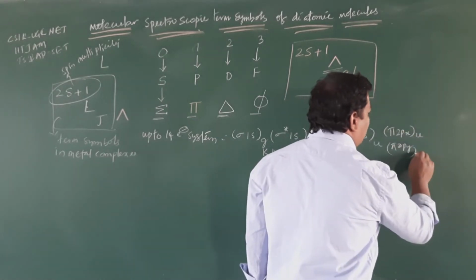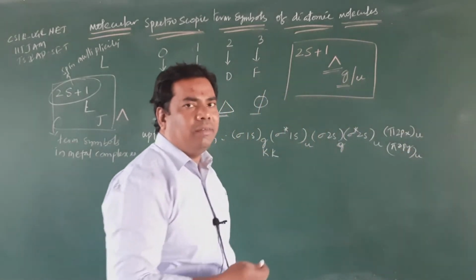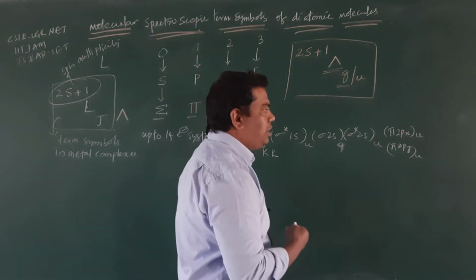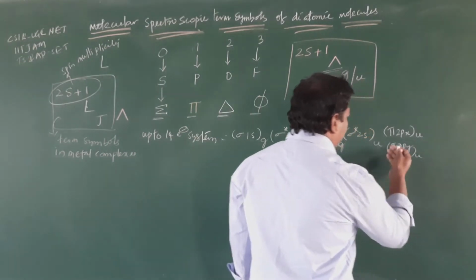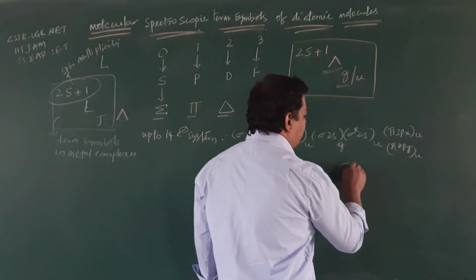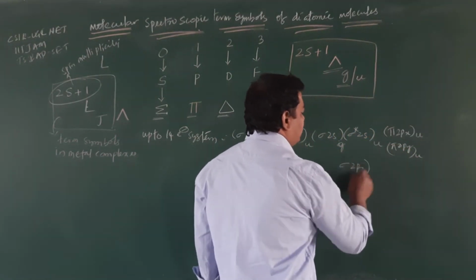These two do not have a center of symmetry, that's why we represent them with ungerade u. Okay, right. Then I will write on this side sigma 2pz, which is gerade.